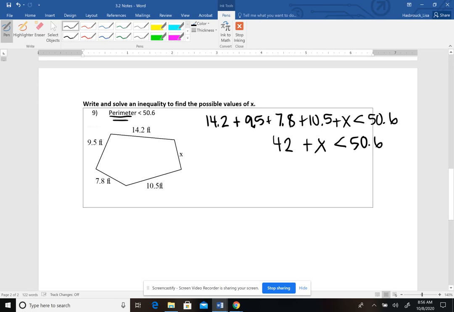So all I did was combine those like terms on the left-hand side. Now I'm going to subtract the 42 from each side. X is now alone, and I get x is less than. When I subtract this, I get 8.6. So we know x has to be less than 8.6.